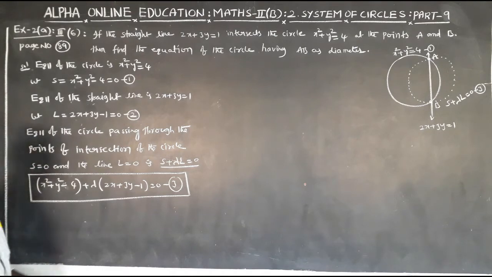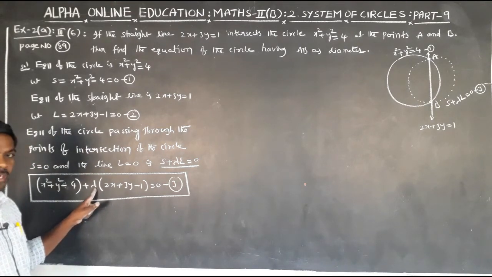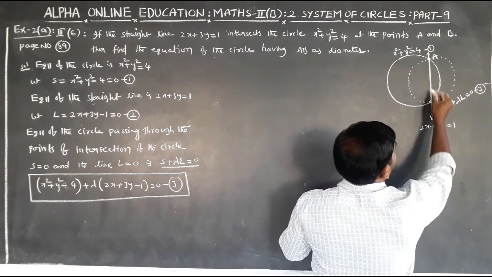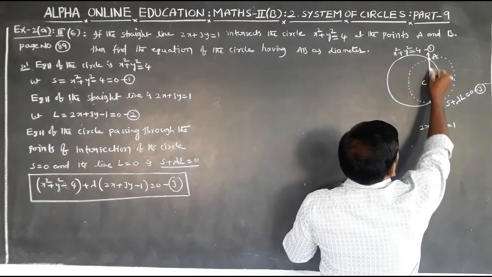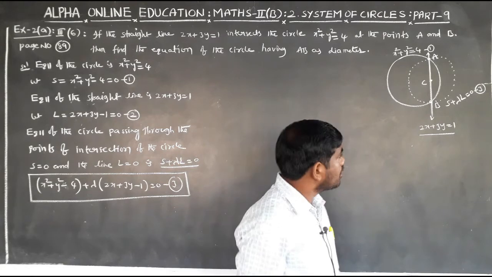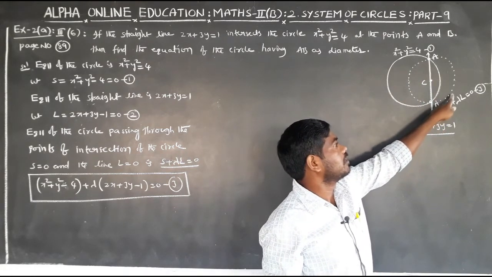Here find the parameter, the real number lambda. The center of the third circle lies on the line, because here AB is the diameter of the circle.